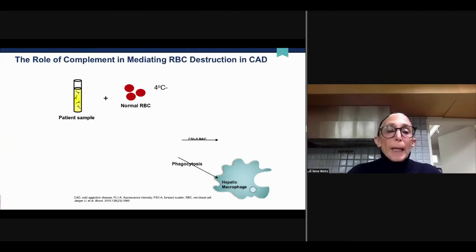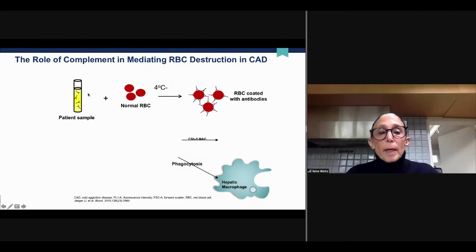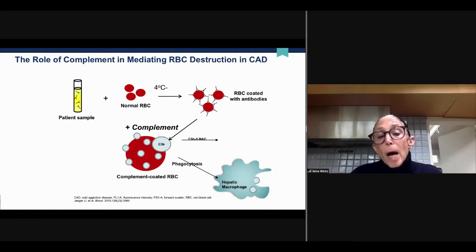So you have your patient sample, and here is the plasma in the patient, and you take normal red cells, okay, and at cold temperatures, the red cells will fix the antibody. And then they'll activate complement, and they do it by activating C3, by cleaving C3. Remember, this is antigen antibody activating through the classical pathway, generating C3 convertase, which will result in the deposition of C3b on the red cell membrane.